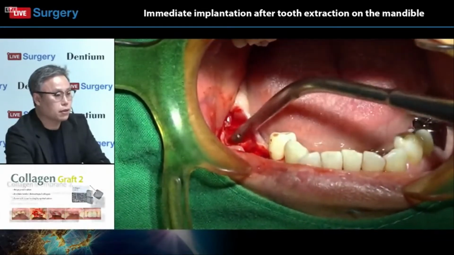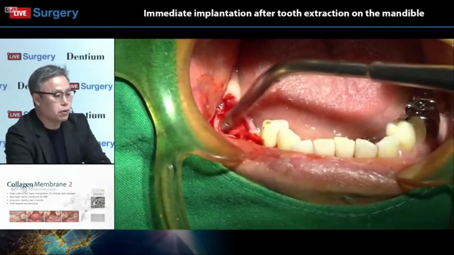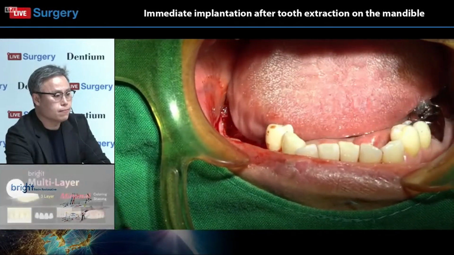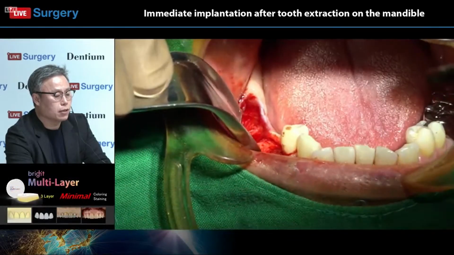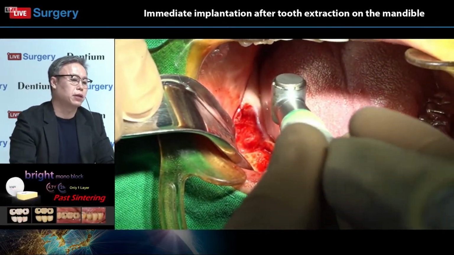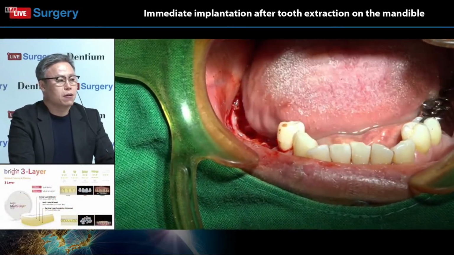I think he is done with the removal of the granulation tissue, and starting with the osteotomy preparation for the immediate implant placement, using the Lindemann drill.